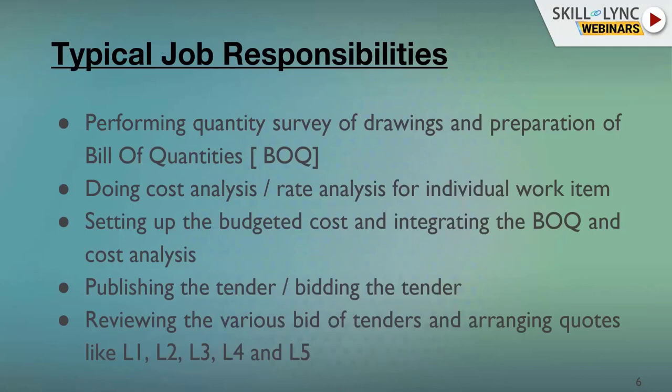Initially we have to do all the quantity surveying of the drawings, then work out the quantities, then accordingly set up the budget, then issue the tenders to the various contractors. When we receive the bids, then accordingly who is the lowest, L1, L2, L3, L4, L5, we have to arrange in a systematic way. Next slide, please.